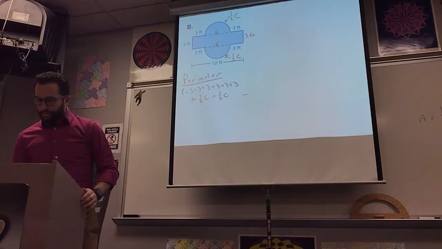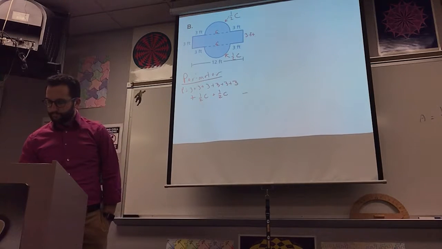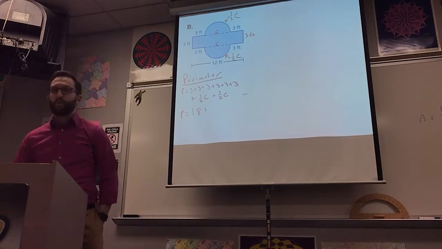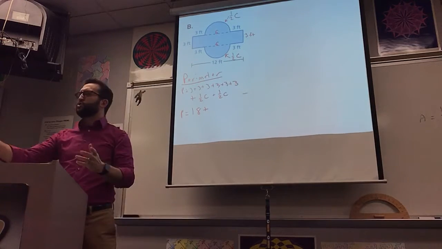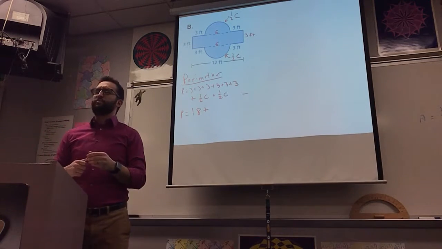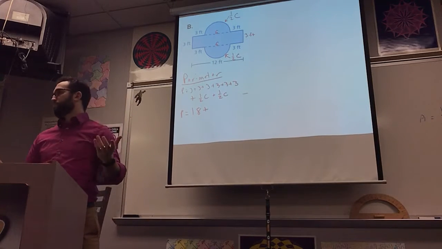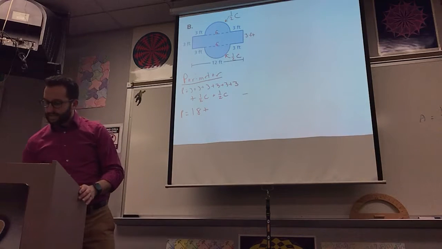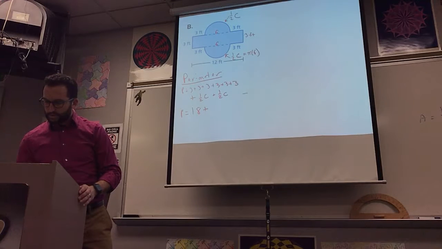So 3 plus 3 plus 3 plus 3 plus 3 plus 3. What do all those 3s add up to equal? 18. Plus what? Well, Saeed said 2 halves gives us 1 whole, so we're not going to use 2 pi r though. Why would we not use 2 pi r? We know the diameter. It's a lot faster, right? We know the diameter, so we can use pi d. So it's pi times 6.